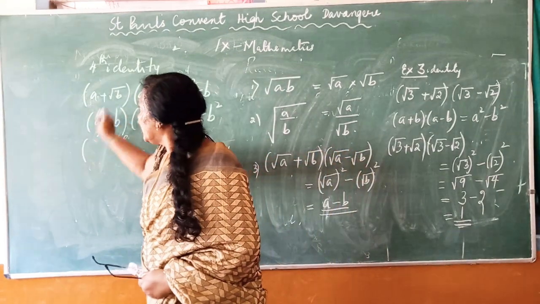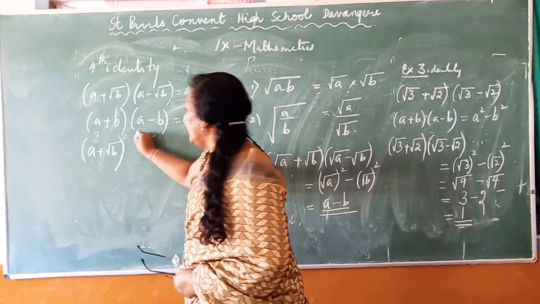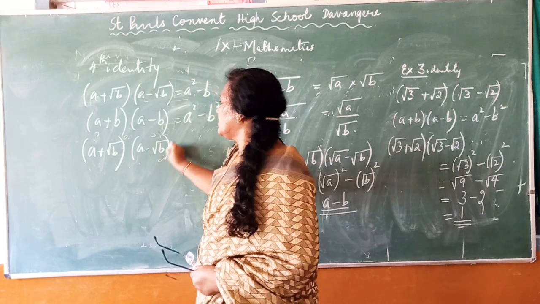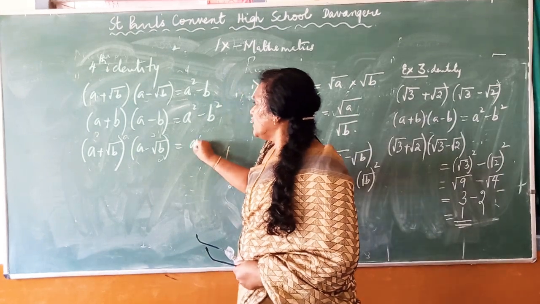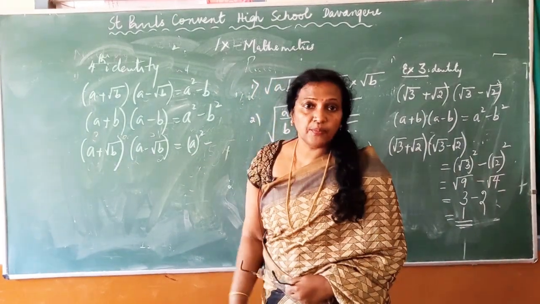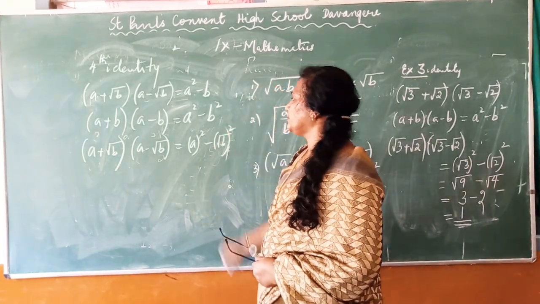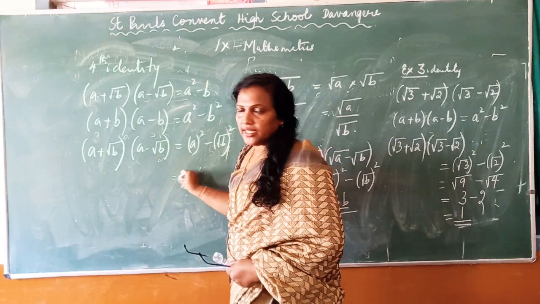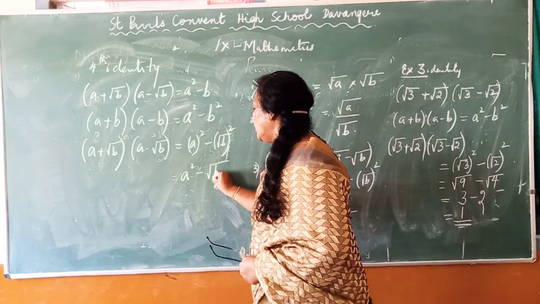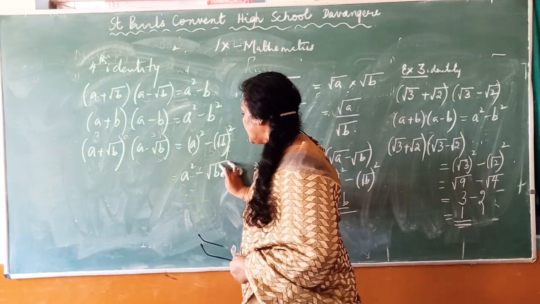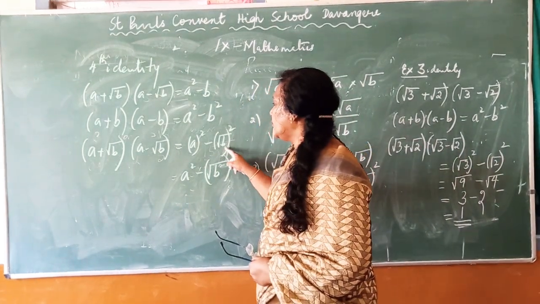I'll write this problem. Now here the identity: a plus root b into a minus root b is equal to, in place of a what is there, you have to compare the problem with this. So a whole square, but in the place of b what is there is root b, so root b. a into a, you all know it is a square, root b into root b, it is root b whole square.